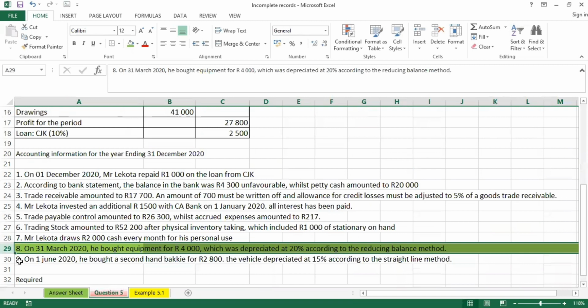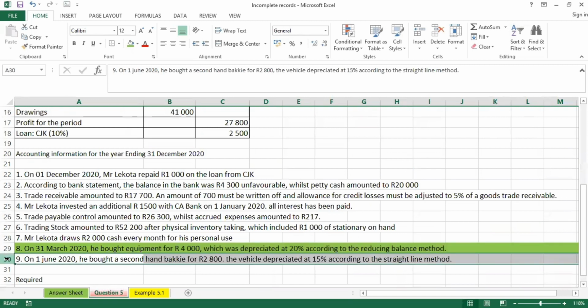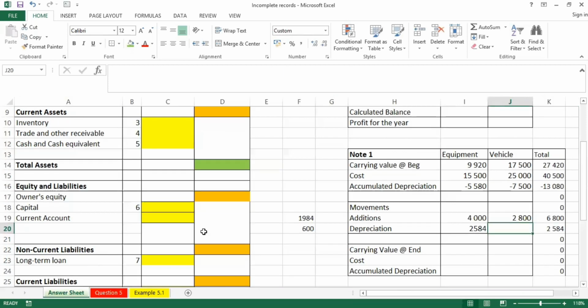Going back to our information, now they're telling us that 1 June 2020 he bought a second-hand bike for 2,800. The vehicle depreciated at 15% according to the straight line method, meaning cost price. Now we're calculating 15% at cost price. Going back to our answer sheet.